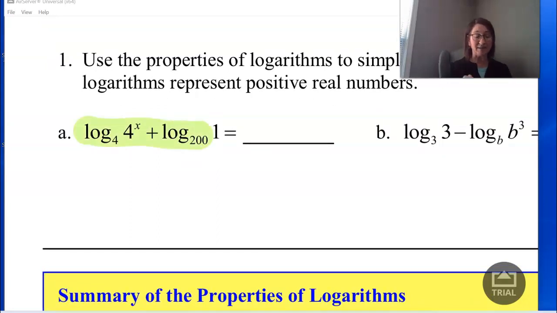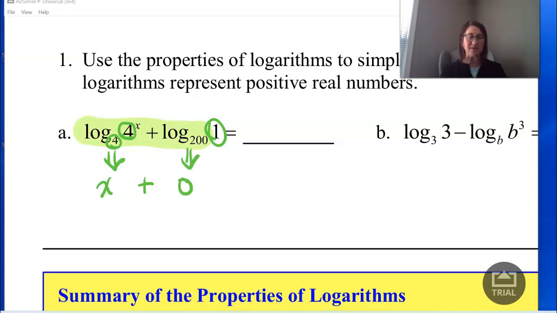My base of my log and the base of my exponent are the same, and so this is going to be equal to the exponent of x. Plus, anytime your argument is a 1, this log will evaluate to be 0. So this becomes x plus 0. That's just equal to x.